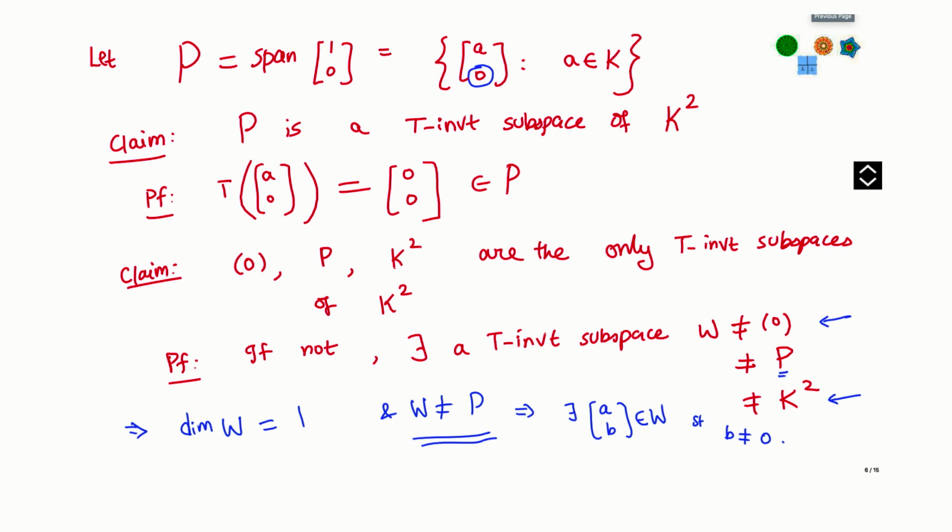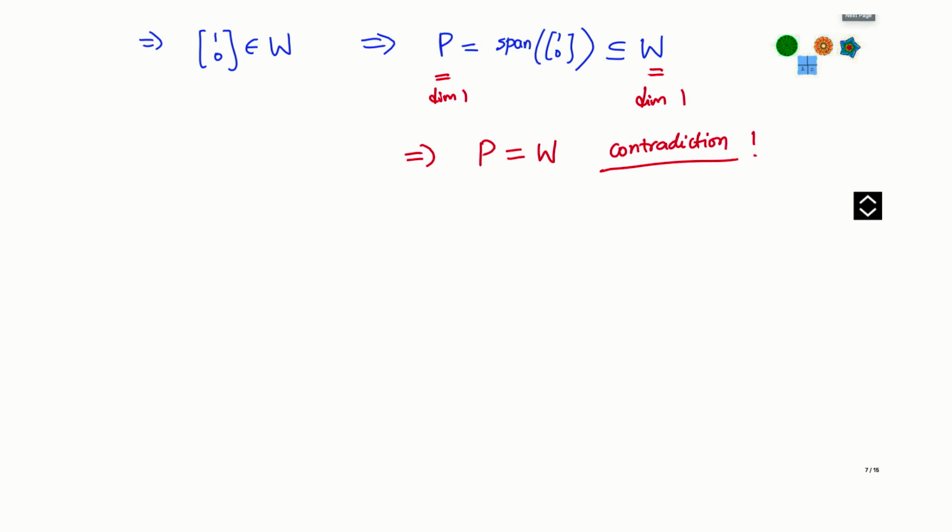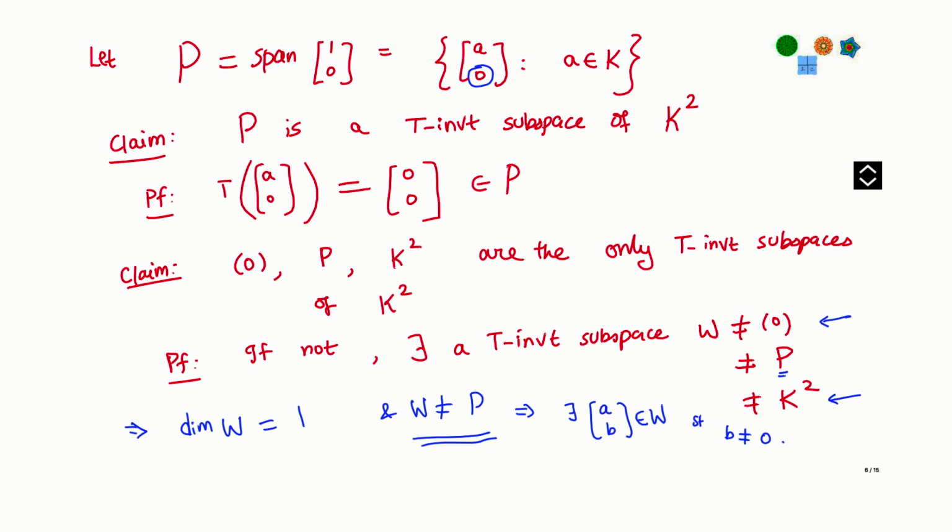So, look back again on this proof. The one basic observation is this thing that we just made, that if you can find a vector in W whose second component is not 0, you can conclude that (1, 0) itself is in W. Okay. Now, what does that get us? Let us go back to this claim here.